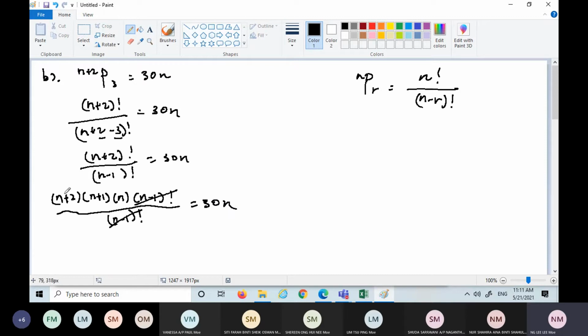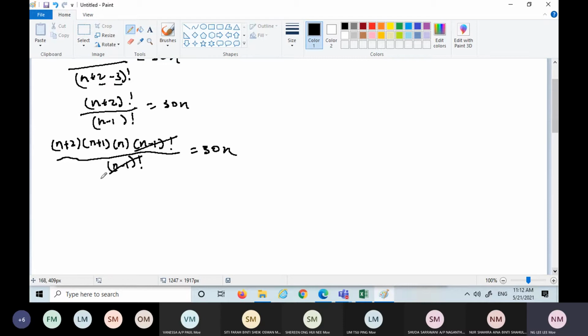Now you have to expand. After that, move the 30n to this side and then factorize. I leave n first and expand these two first.